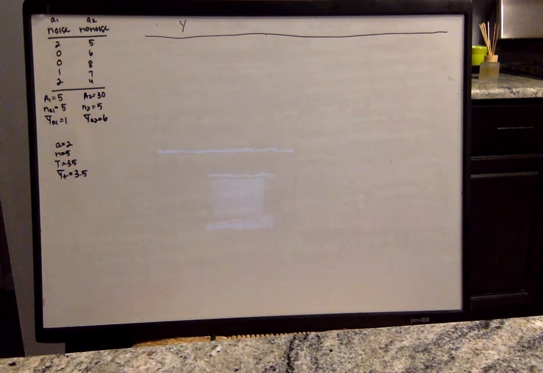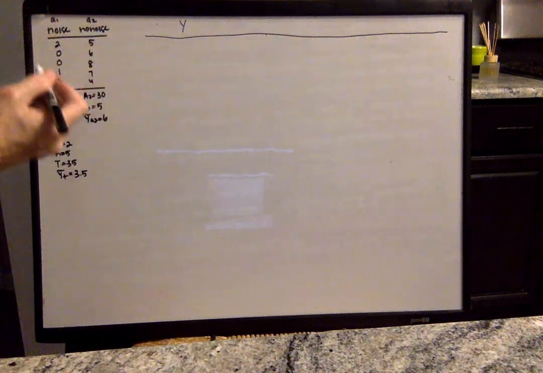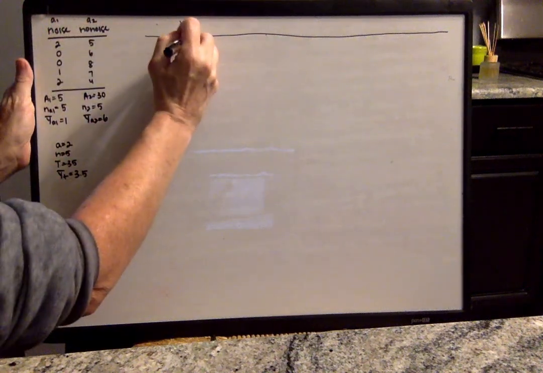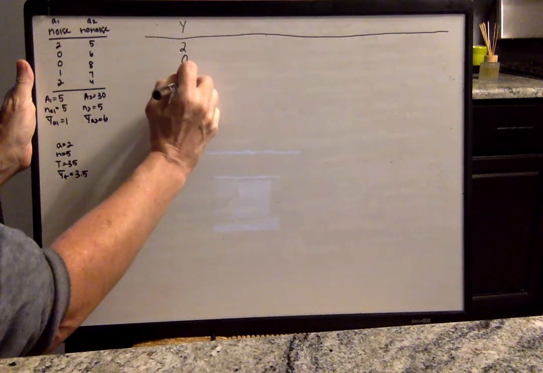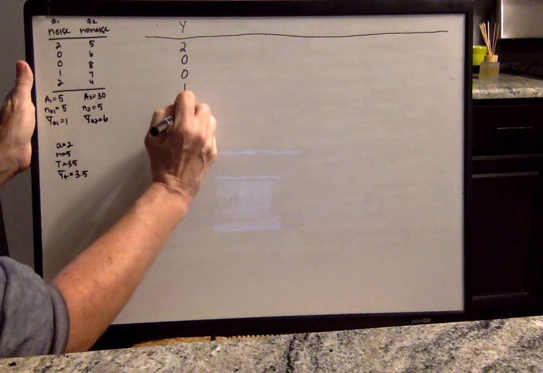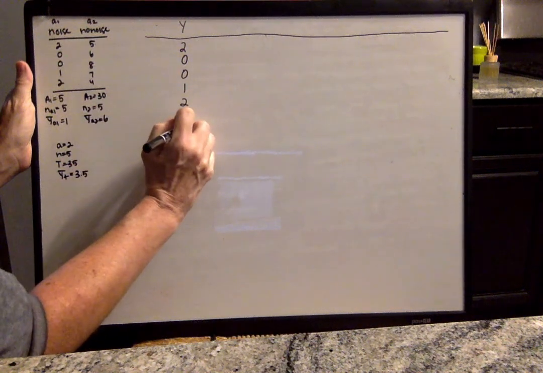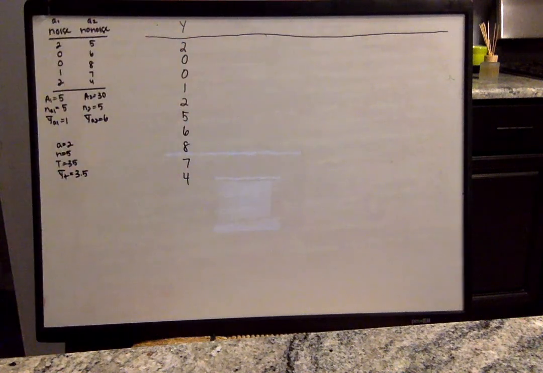So what we're going to do here is we're going to write our Y's in this column, and we're going to include them all. So we're going to do them a group at a time. I'm going to start with my noise group, so 2, 0, 0, 1, 2, and right underneath that I'm going to write my no noise numbers. So 5, 6, 8, 7, and 4.